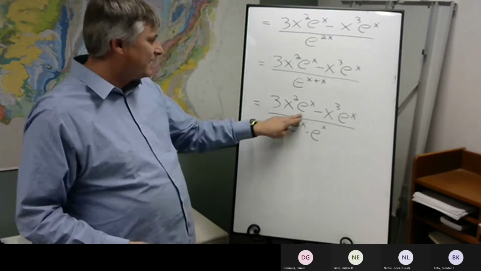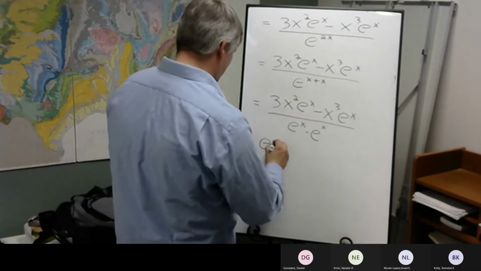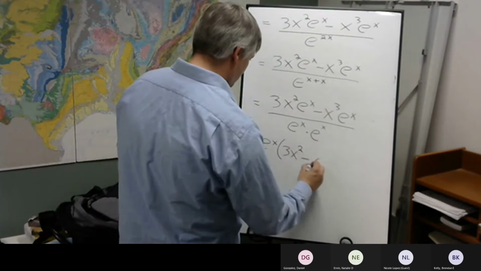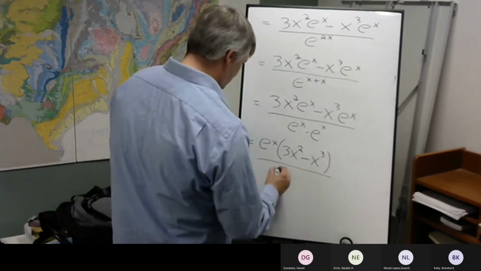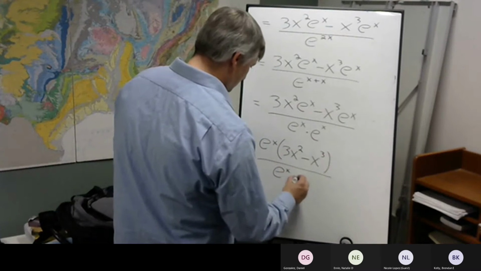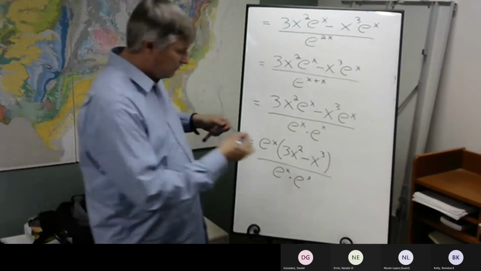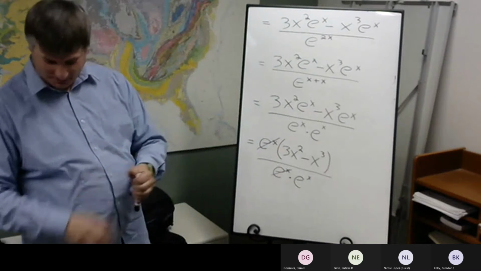So we can factor out an e to the x and cancel an e to the x.